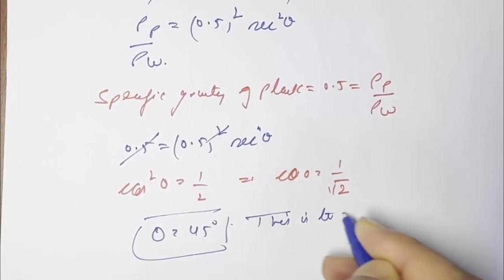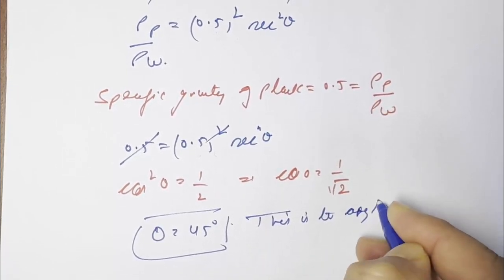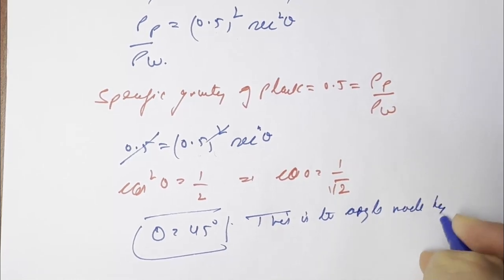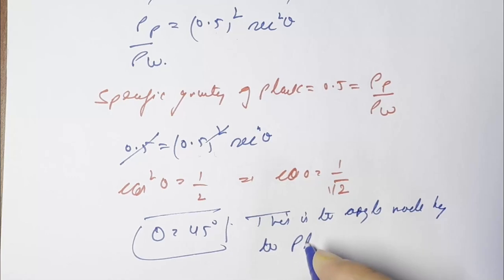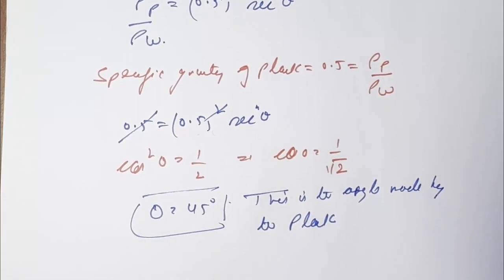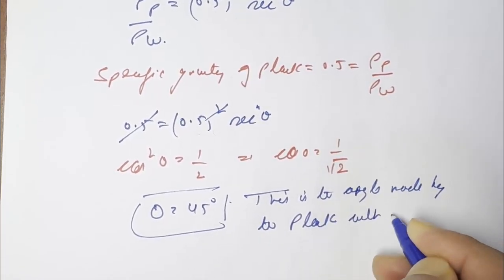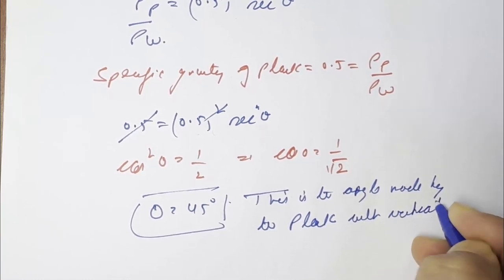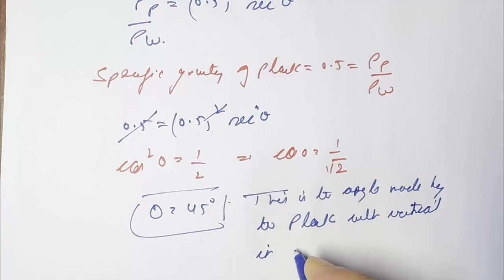This is the angle made by the plank with vertical in equilibrium position.